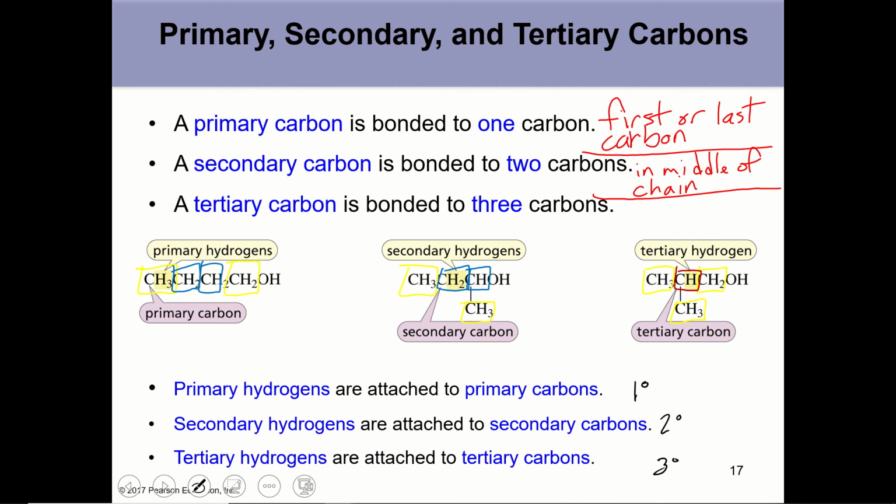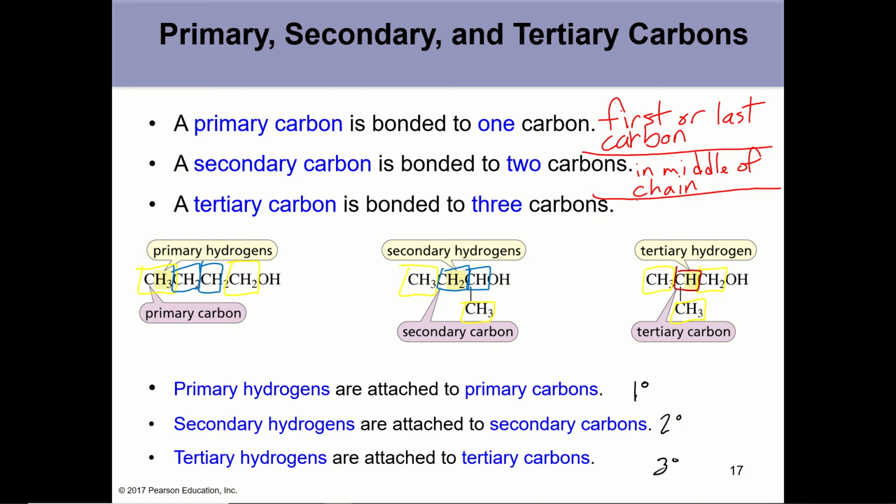So we can also describe a hydrogen as being a primary, secondary, or tertiary hydrogen. And what gives the hydrogen its characteristic is the carbon that it is bonded to. So a primary carbon has primary hydrogens, and a secondary carbon has only secondary hydrogens, and a tertiary carbon has only tertiary hydrogens.